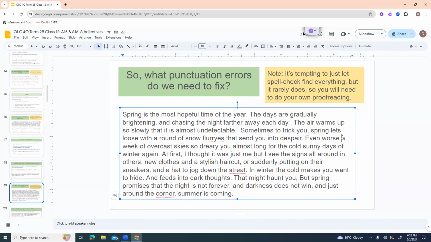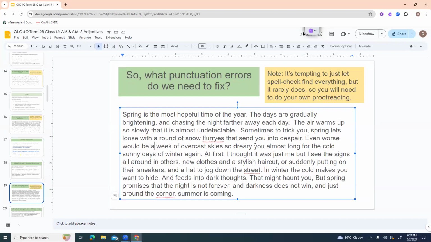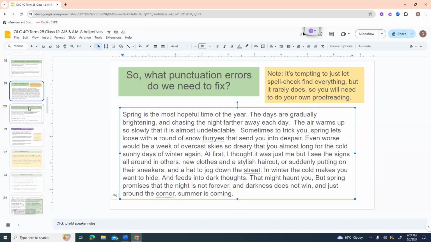Even worse would be, how about, even worse would be a week of overcast skies so dreary that you almost long for the cold, sunny days of winter again. Okay. I'm not going to finish the rest of it because we're running low on time and I've got to explain both types here.